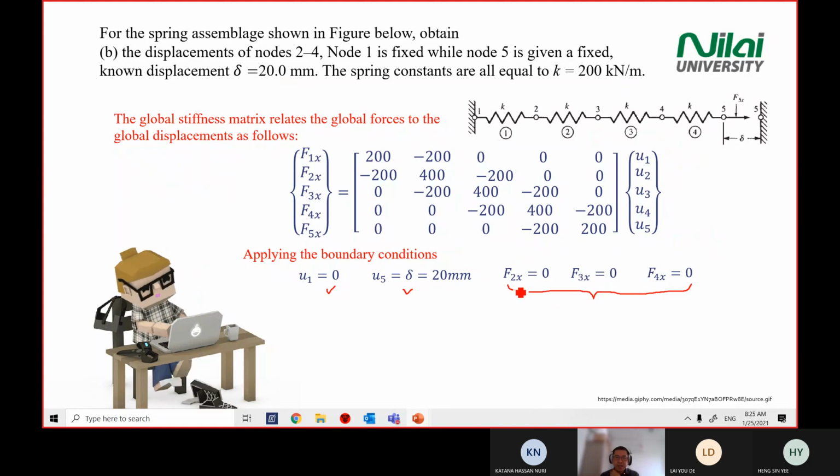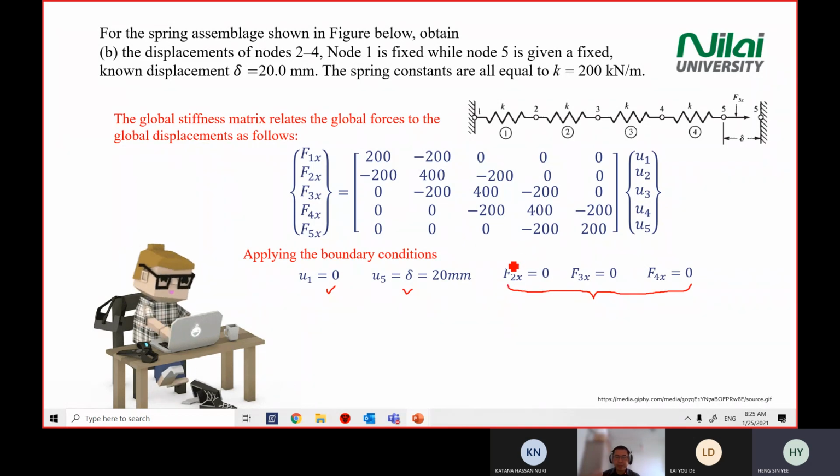Singy, can you explain why we have value 0 for F2x, F3x, and F4x? Because one is fixed, so 2 will follow. Because we pull at 5, so 2, 3, 4 just follow.